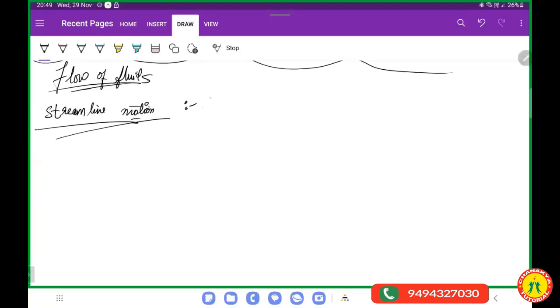So streamline motion means, in simple words, whenever the object is flowing, it moves smoothly. So for understanding streamline motion, let me draw some different shapes. Let's take this object.